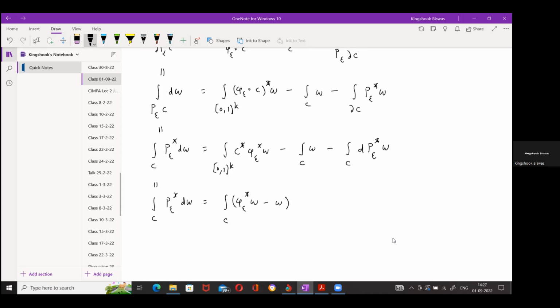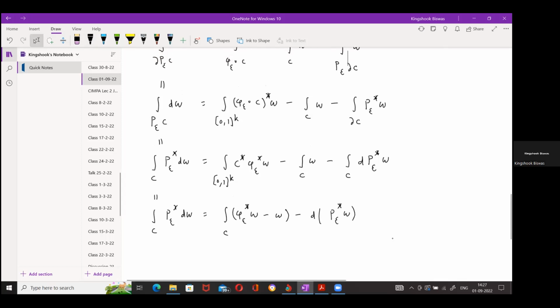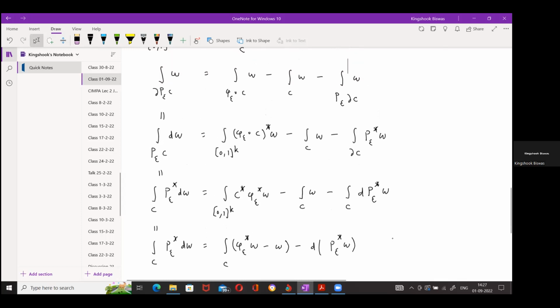And then I have minus, so all become integrals over C. So I have minus d of P epsilon star omega. Okay. So now all I do is I divide everything by epsilon, right? I divide all the terms by epsilon.